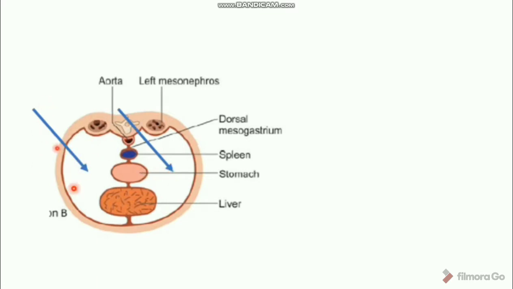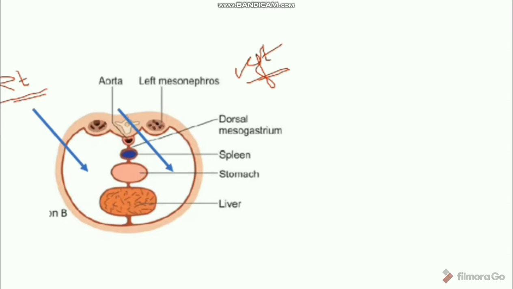So for your convenience, I want you to notice and remember a right and a left sac. So this one is the right sac and this one is the left sac. Now there is no such terminology in embryology already, but this is something I have added to make you understand, because I want you to remember these two sacs as well for now. So the right and left cavities.